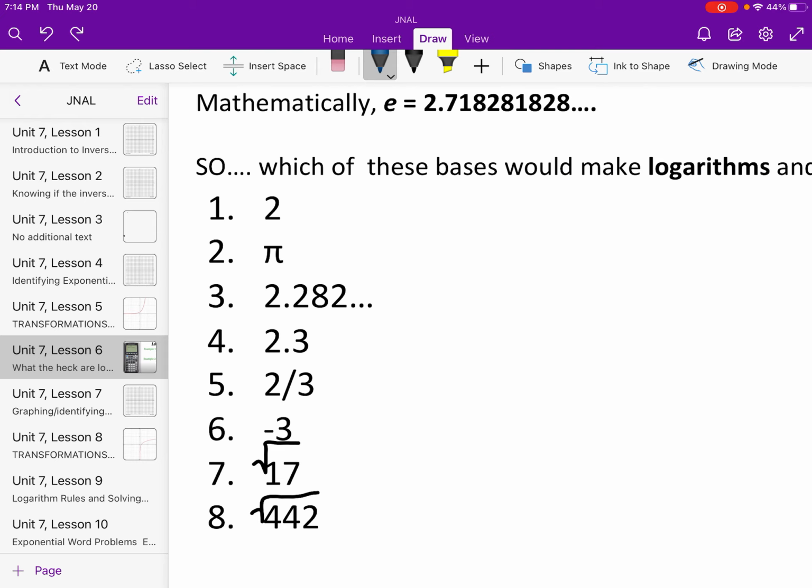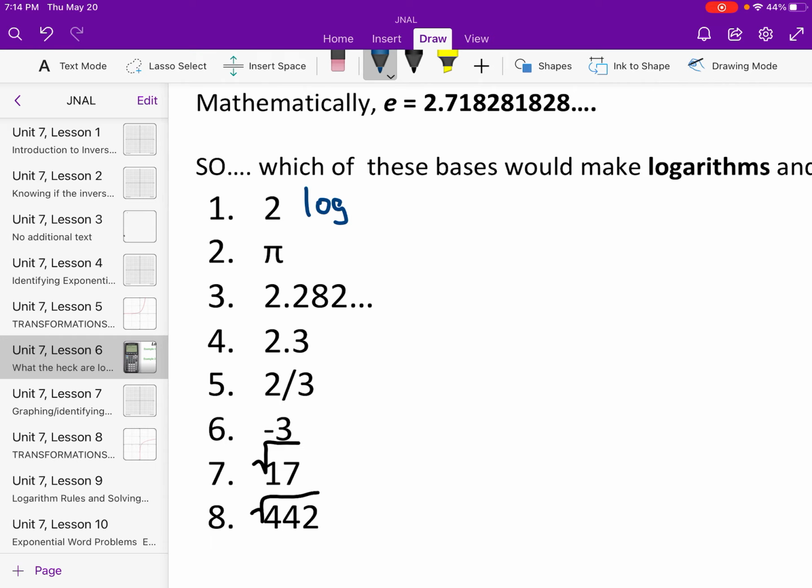So if we had 2 as an answer, basically we're asking ourselves, is it a constant? No. Logarithm? Yes. Natural logarithm. Is this a constant? Do the decimals go on forever? No. So this is a logarithm function.